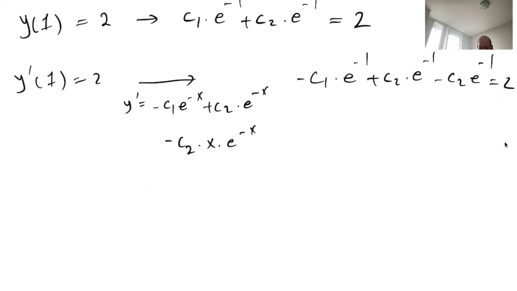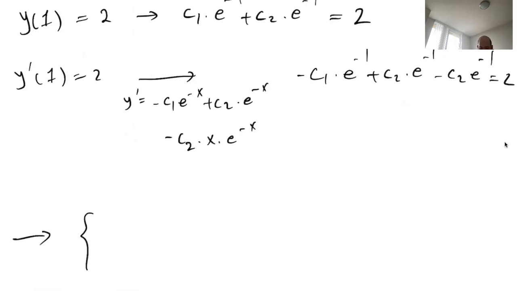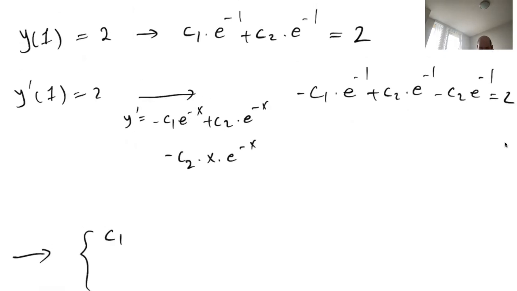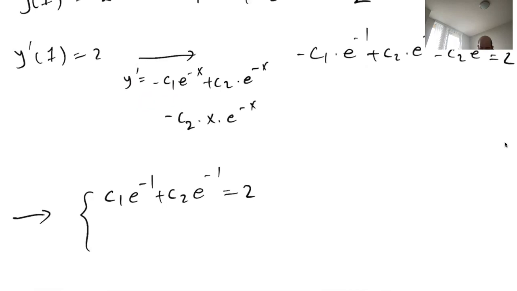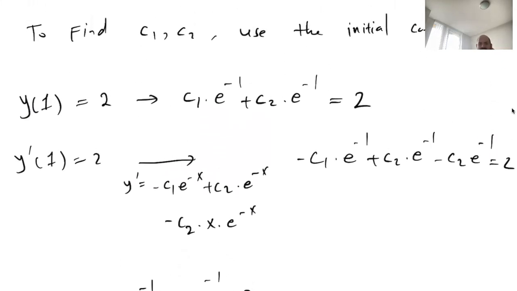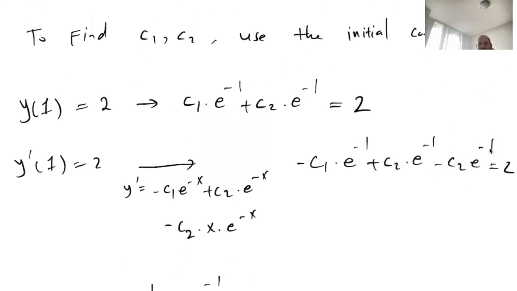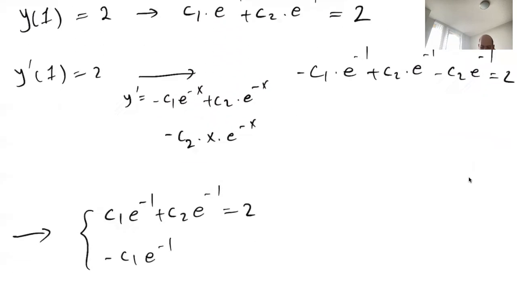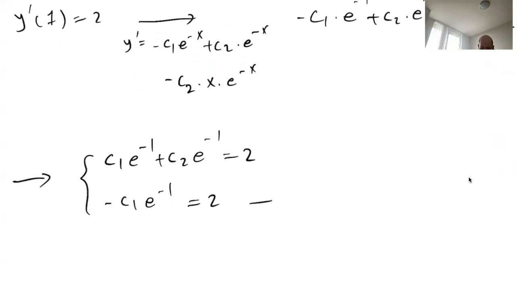And then I'll get 2 equations. c1 e to power minus 1 plus c2 e to power minus 1 equals 2. And minus c1 e to power minus 1. Now this c2 e to power minus 1 minus c2 e to power minus 1, they cancel out each other, and then this will be 2. So from this one, I can find c1 to be, if I multiply both sides by minus e, minus 2e.